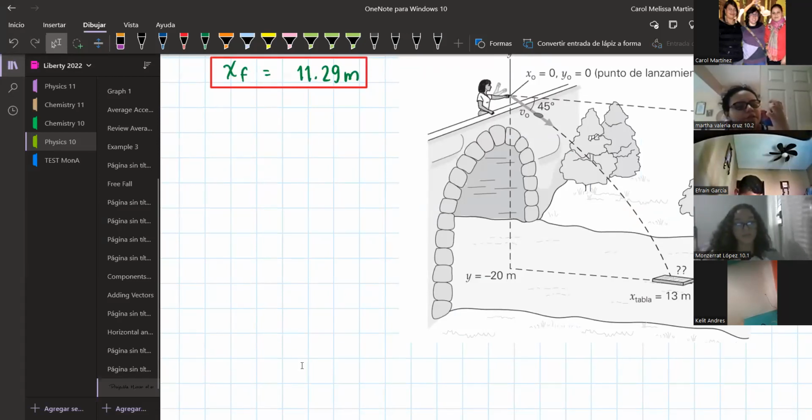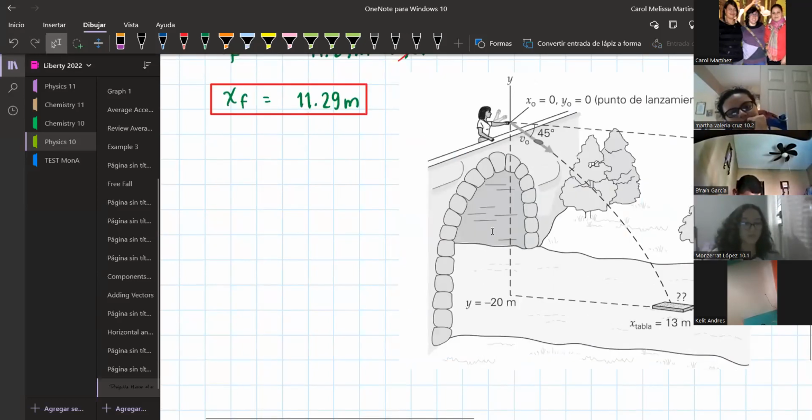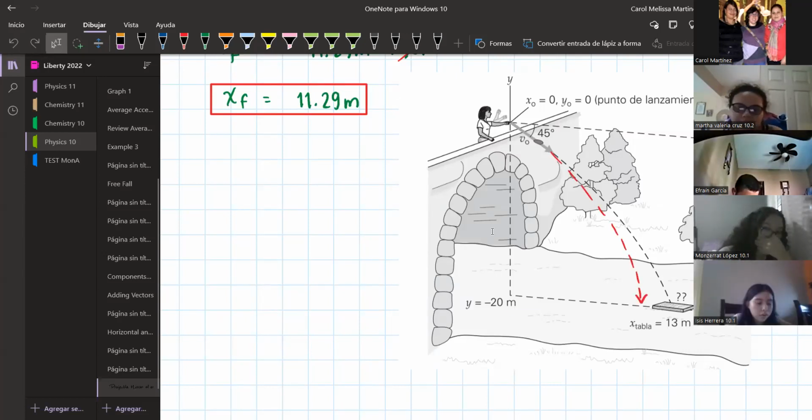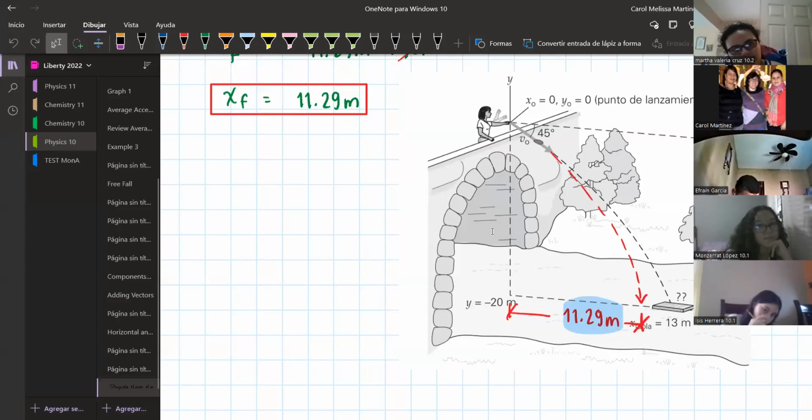More or less, the stone moved in this direction. No, it will not hit it. More or less, the stone reached a distance of only 11.29 meters. So this is the analysis that you do, okay? It's not only just to get an answer.